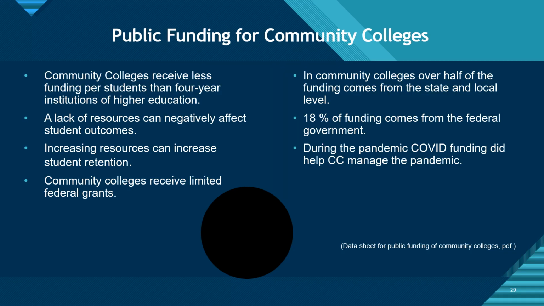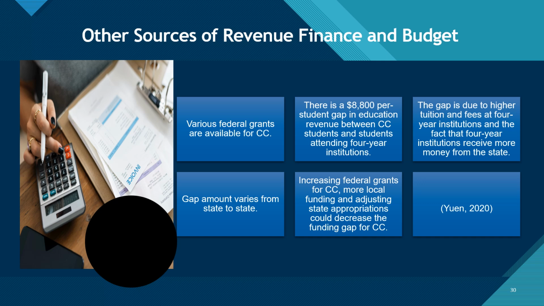Community colleges generally receive less funding than four-year institutions, and this can decrease student retention. Only 18% of funding usually comes from the federal government to community colleges, so an increase in grants would be helpful. Various federal grants could be available.